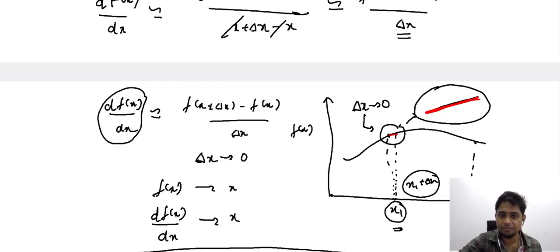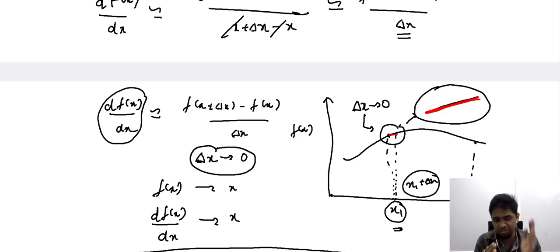And we saw that this ratio will be accurate when the next point that we are considering, delta x, is as close as possible to the initial point. Only then will this derivative be accurate.